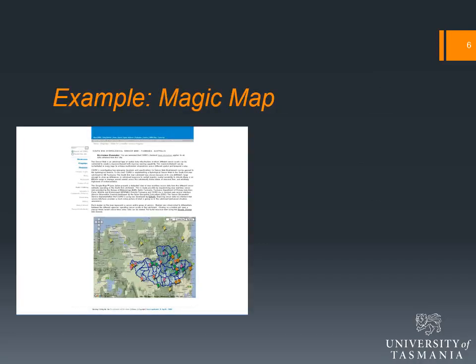This is an example of what we talked about before in applications. I briefly ran into this example before, but this time we'll go into details. On the left-hand side is a project that we worked on with CSIRO a few years ago called Magic Map. It is about environmental sensor data.